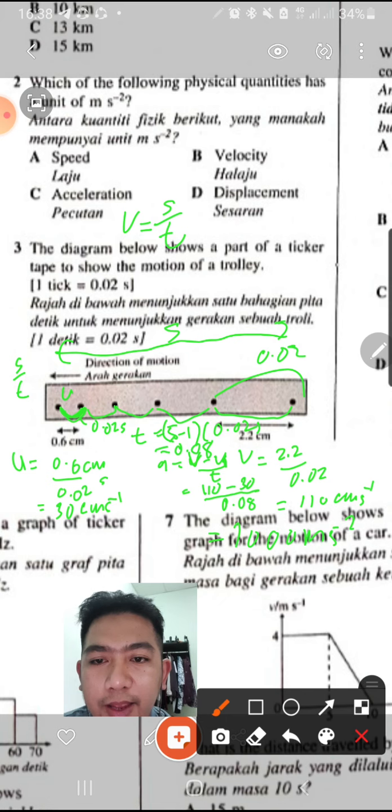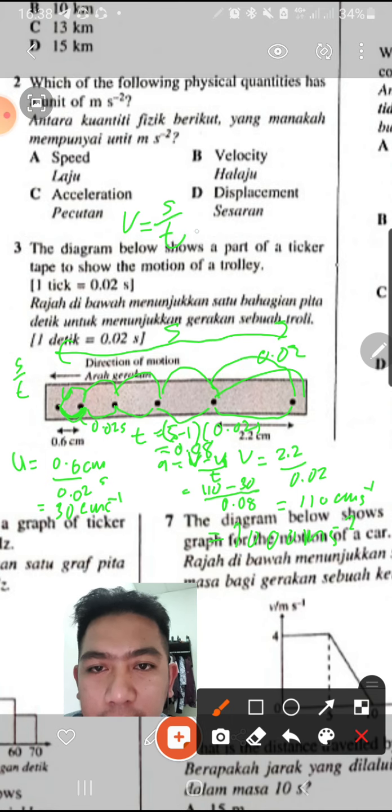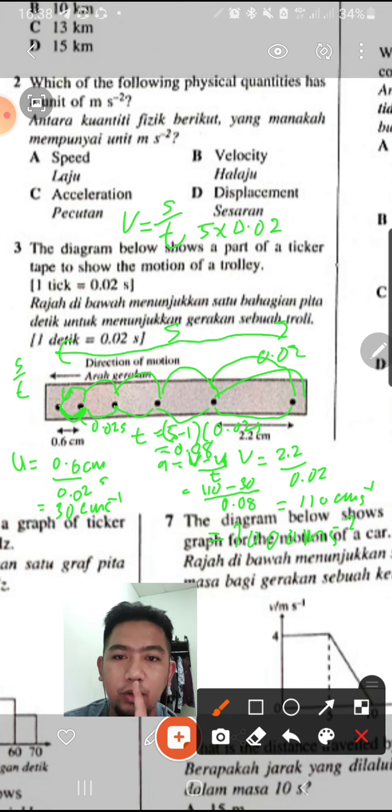So dia punya time barulah you guna this one, 1, 2, 3, 4 and 5. Di sini barulah dia punya time taken 5 times 0.02. Tapi kalau acceleration, remember 5 minus 1. Dia punya space itu you kira 5, then you kena minus 1 untuk cari dia punya time. So ini beza acceleration and average velocity itu.